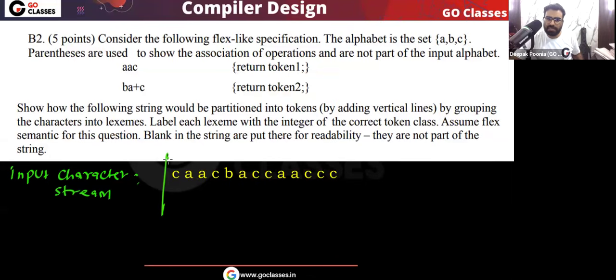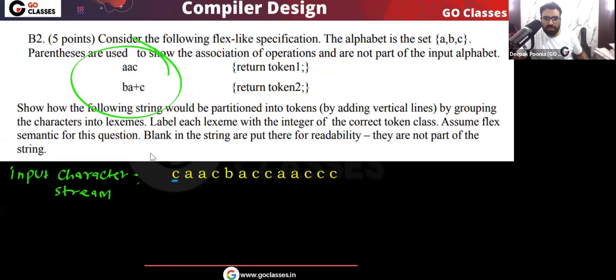It will read the character stream from left to right, character by character. First we will read this character. Now tell me, among these two regular expressions, which is a candidate right now in the race? Let's assume these two regular expressions are the candidates.